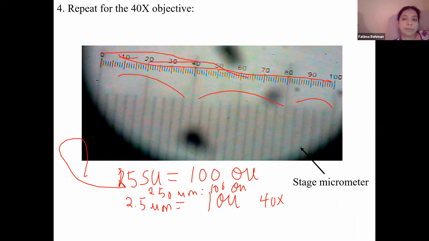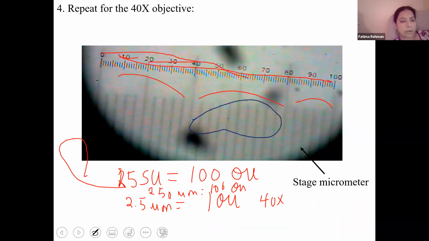Not 2.5, but 10. I don't know how you got 12 and a half. So it's going to be 10 ocular units because it's 25 divided by 2.5. And now you should be able to see a lot more in that cell at that magnification. Cool?